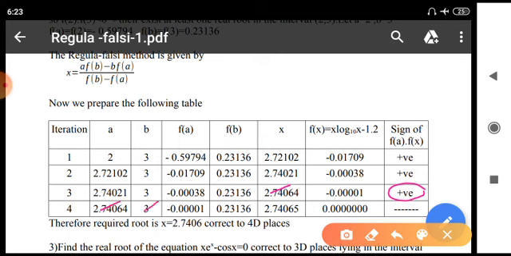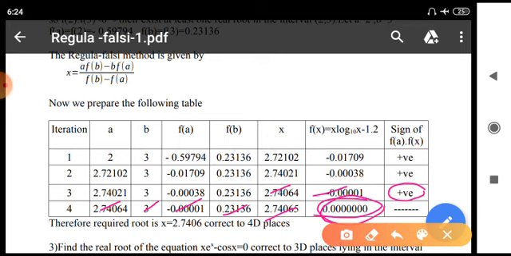B we will write as it is. f of a we have already calculated here. f of b is same. If you calculate x, then we will get it as 2.74065. Now if you find f of 2.74065, this comes to be 0. So 2.74065 is the exact root.